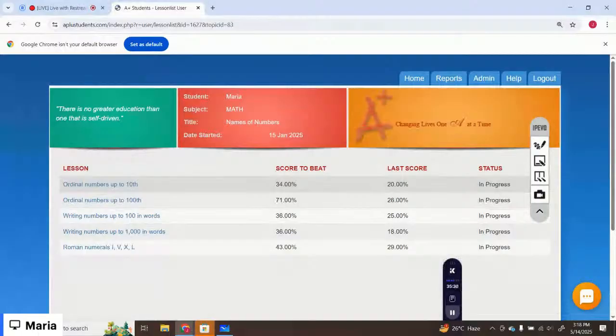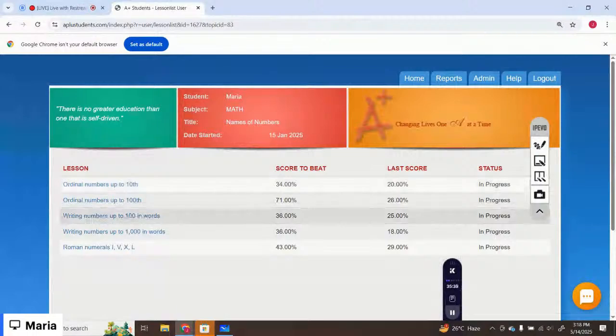The next lesson is writing numbers up to 100 in words. So how do we write the numbers in words? Basically, that's how we pronounce the numbers, right?